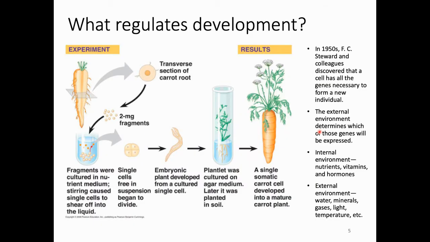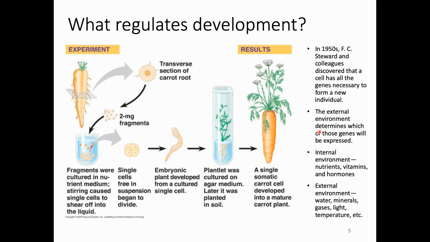So what is controlling the development? How do plants know when and where to differentiate? The answer to these questions lies in the organism's genes and its environment.